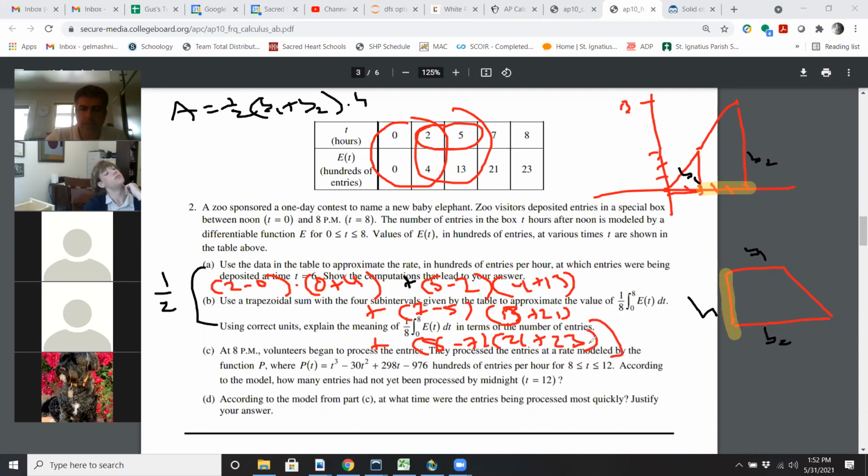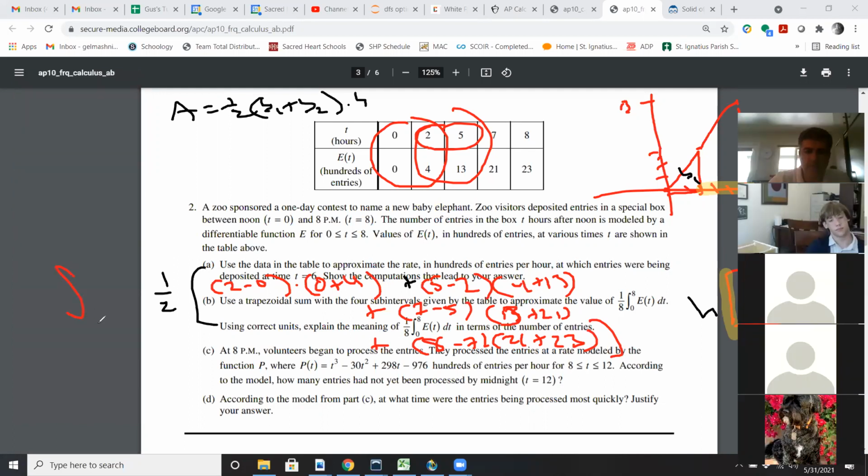And the units will be, and again, they want you to approximate 1/8 times the integral. So this is just the integral. That's all done so far. So we also have to incorporate 1/8 as well. And that's going to represent average value, because 1/8 is 1 over b minus a.